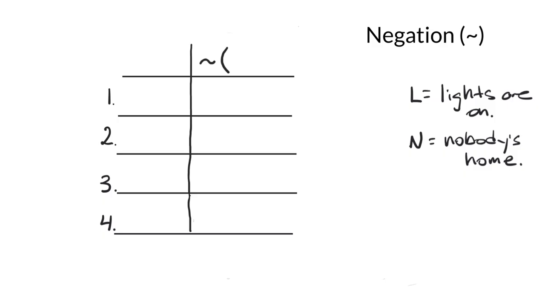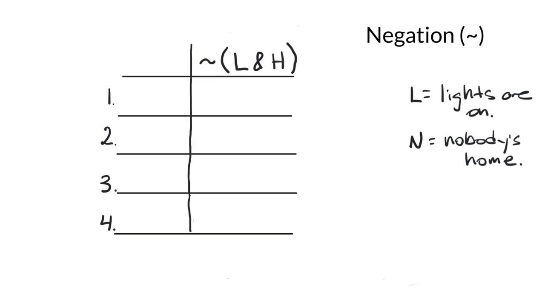If we wanted to say it's not the case that the lights are on and nobody's home, we go tilde, then parentheses, L, ampersand for the conjunction, and then H. That sentence says it's not the case that the lights are on and nobody's home.